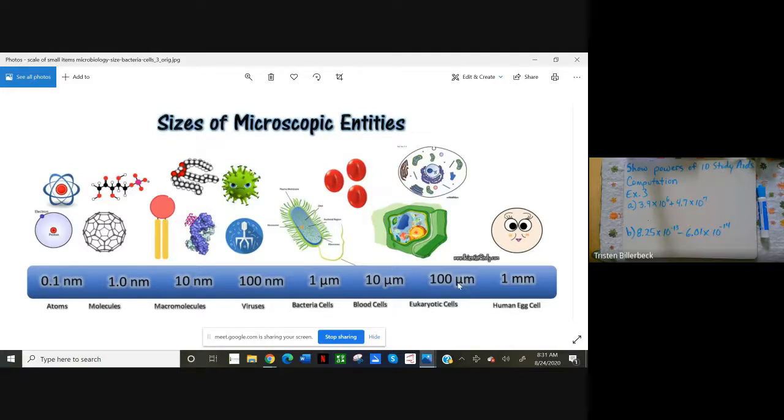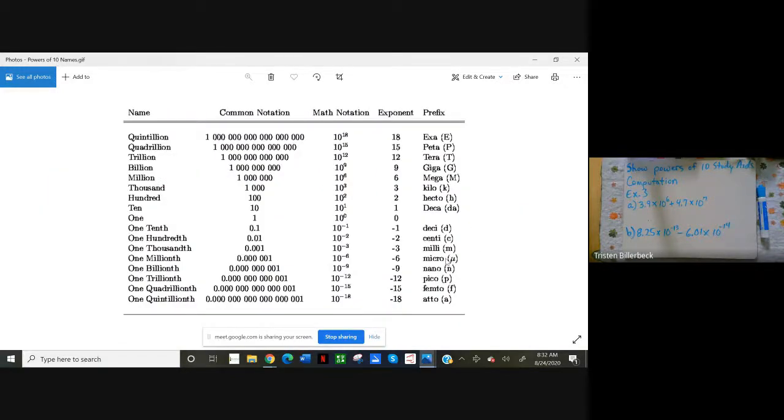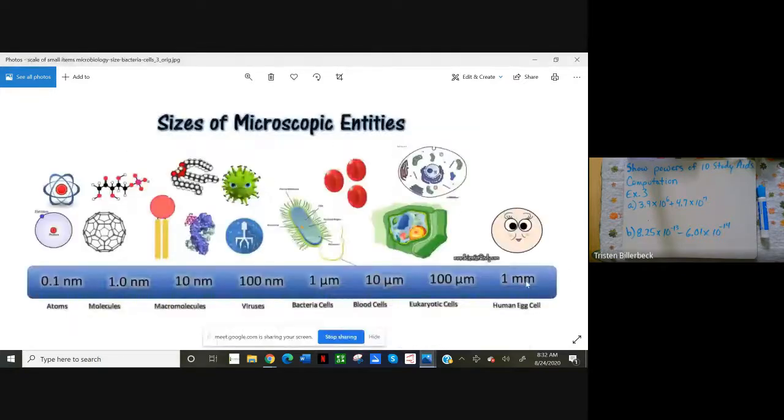And then eukaryotic cells, you'll probably be learning that soon. 100 micrometers, and then a human egg is 1 millimeter.